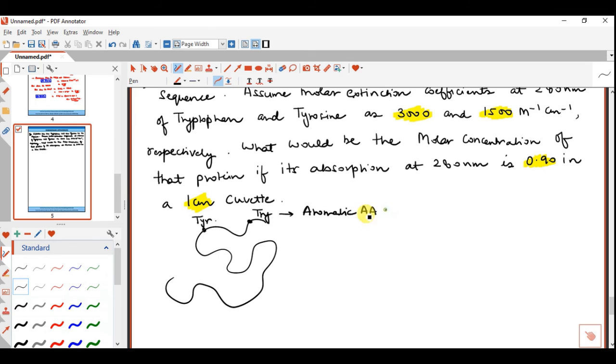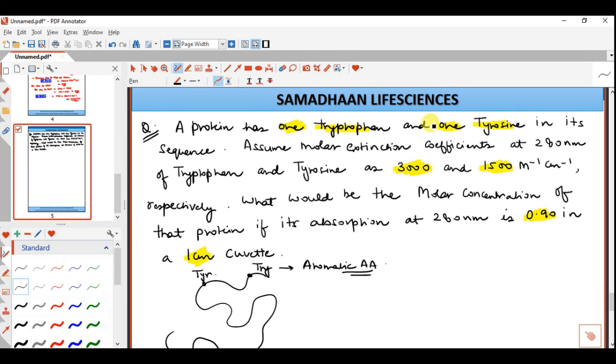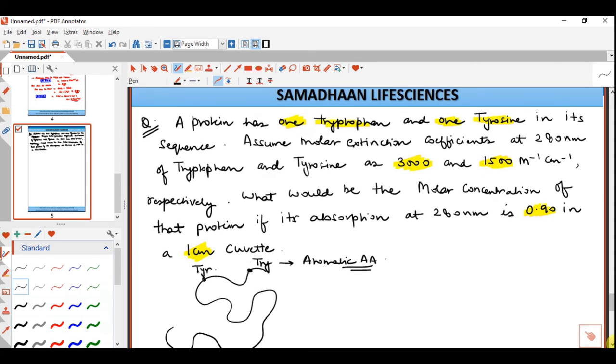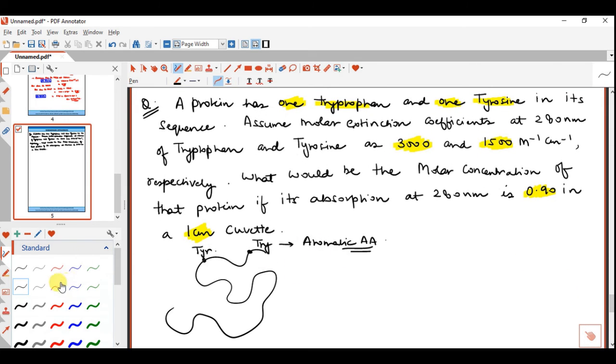They would definitely show some kind of absorbance. You should also have a careful eye towards the number of these residues. So one each has been given. So let us start doing this. If you understand this, then there is no problem in this question.